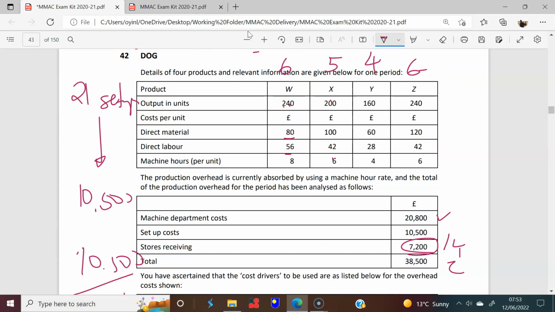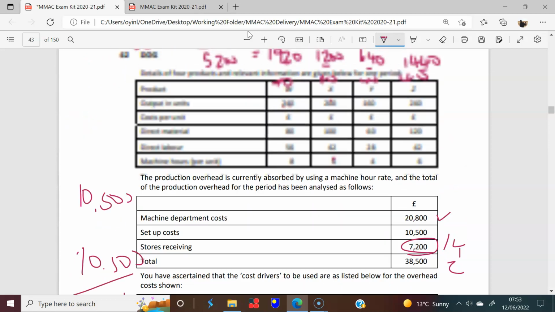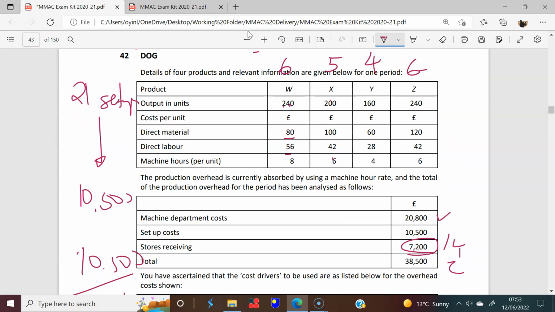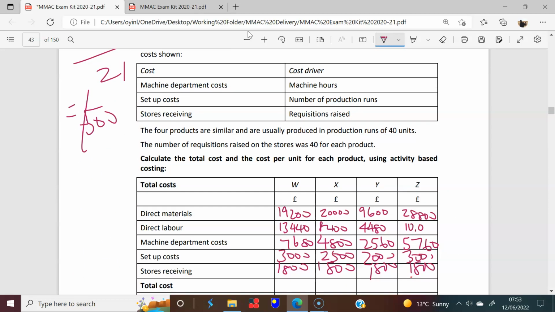And then you have 160 times 28, that's 4,480. And then you have 42 times 240, and you have 10,080. A bit of a long one, this one, wasn't it?